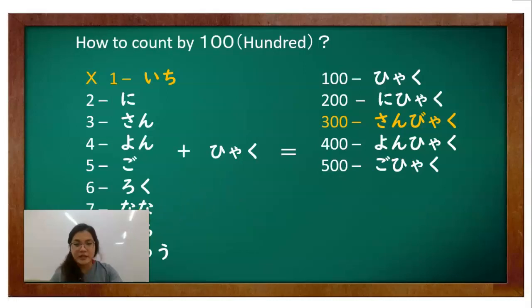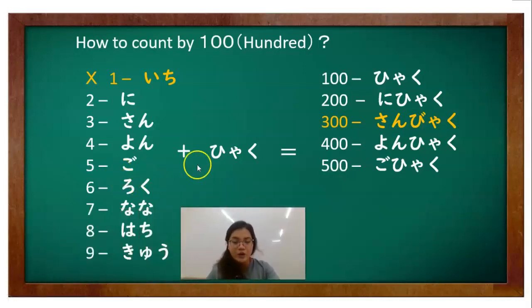Next, 600 is roku plus hyaku, which equals roppyaku. Remember, this is changed a little bit. Roku is 600, but here ku is changed to a small tsu, and it becomes ppyaku, with a handakuten, a small maru.